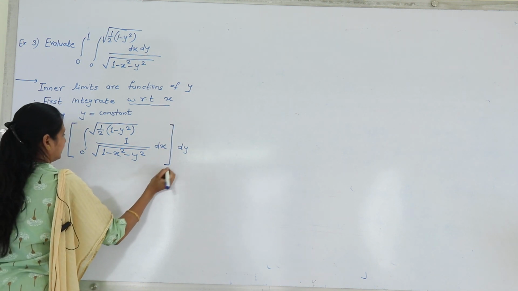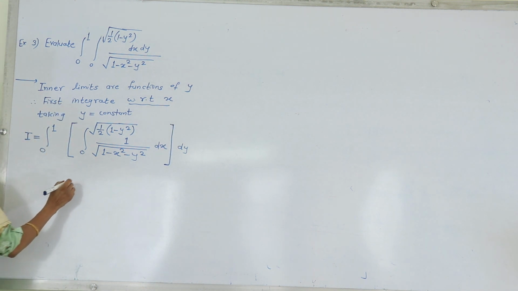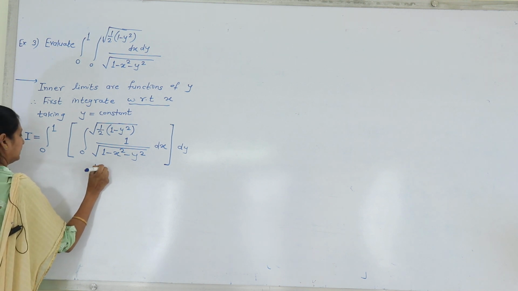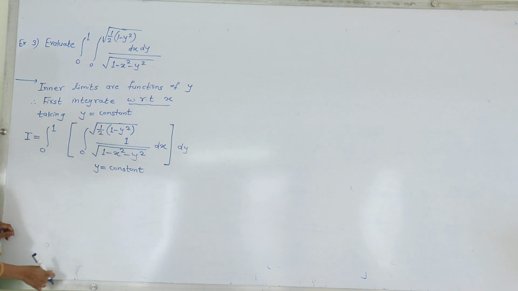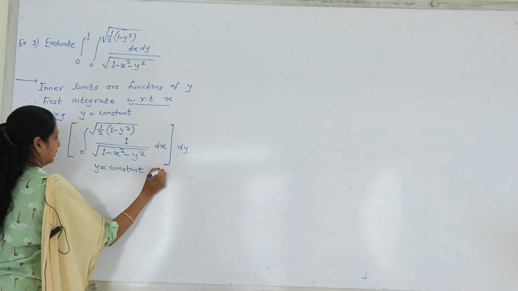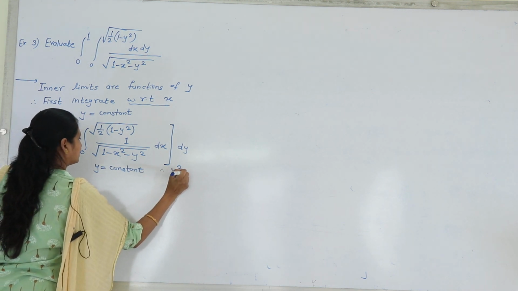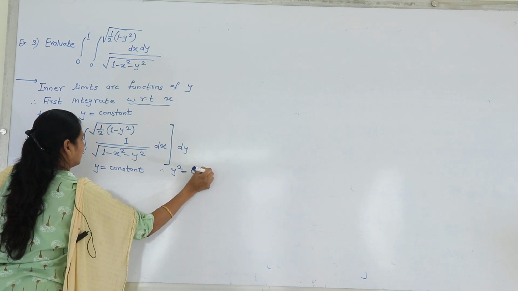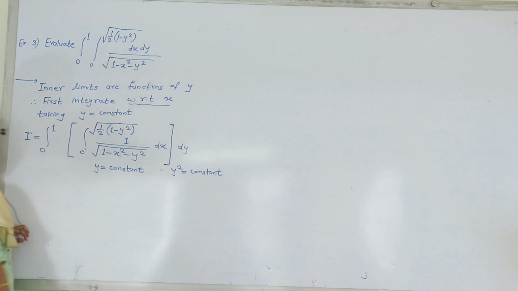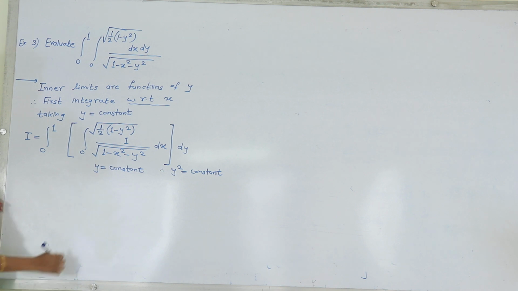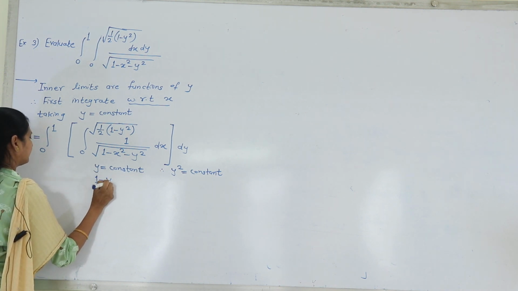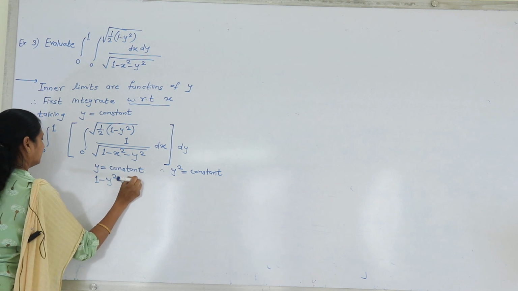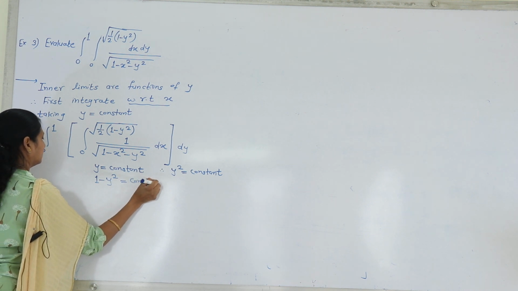Now we have to integrate taking y constant. At the time of integration, y is constant. Therefore y square will also be constant. Then we can say that 1 minus y square is also constant.